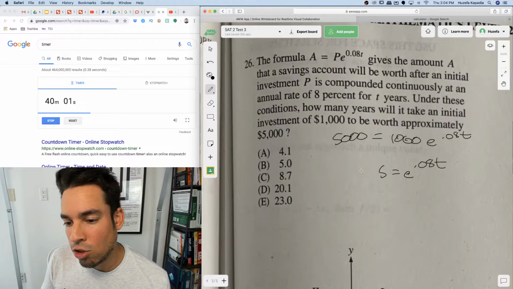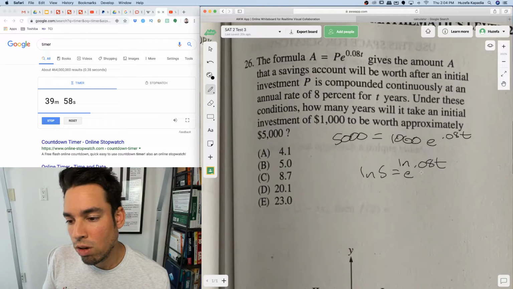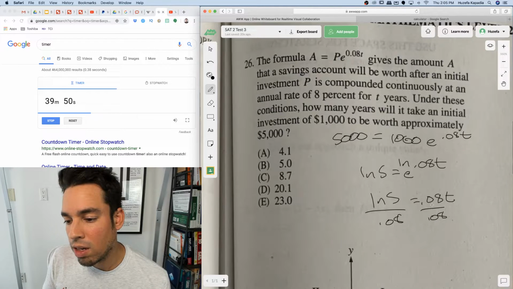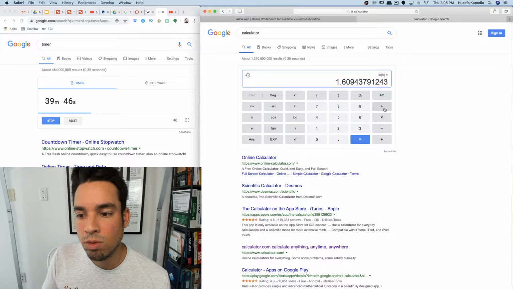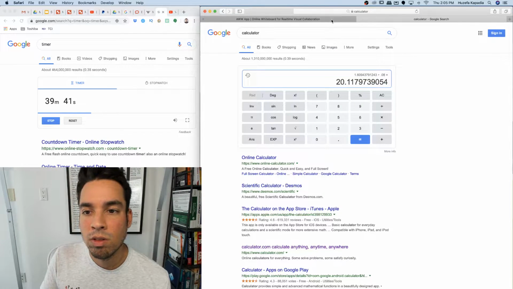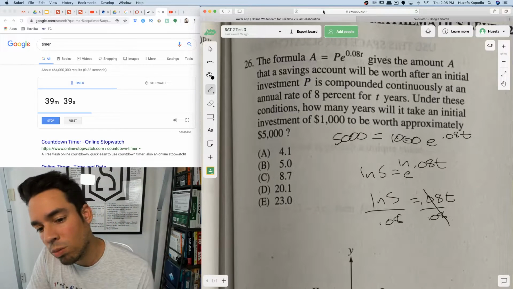Take natural log of both sides. The exponent basically just comes down, and we lose the ln and the e. ln of 5 equals 0.08 t, divide by 0.08, and we'll get our answer. ln of 5 divided by 0.08 is 20 years, 20.1 years.